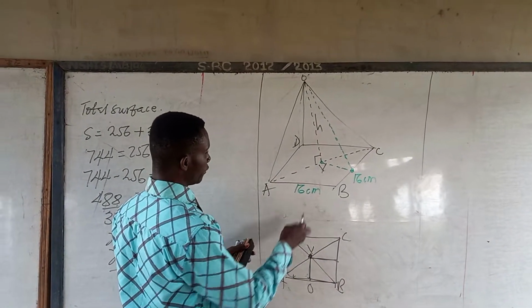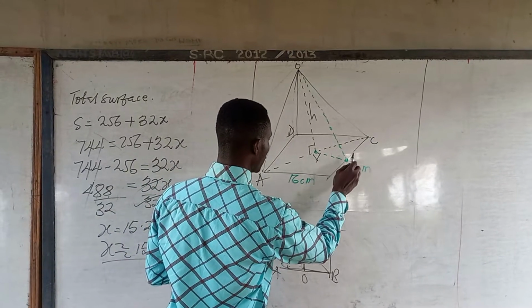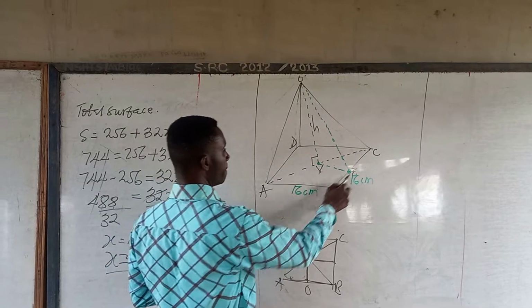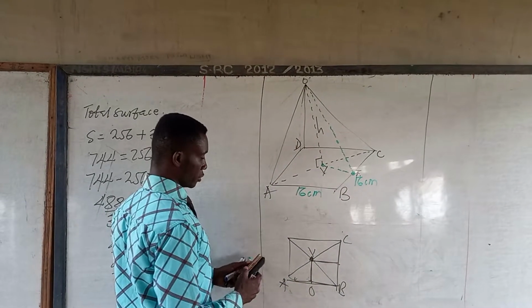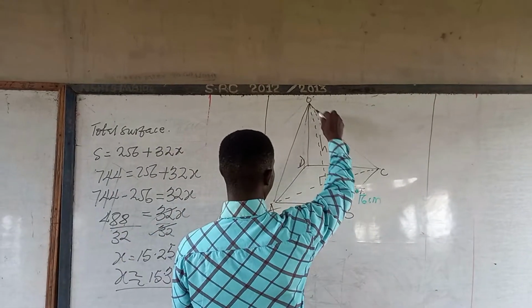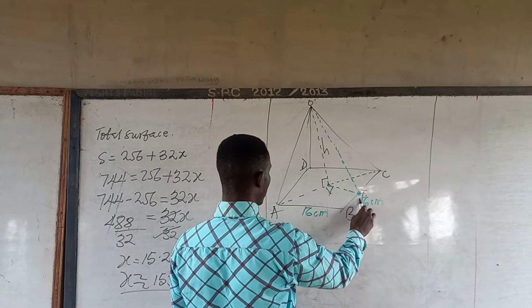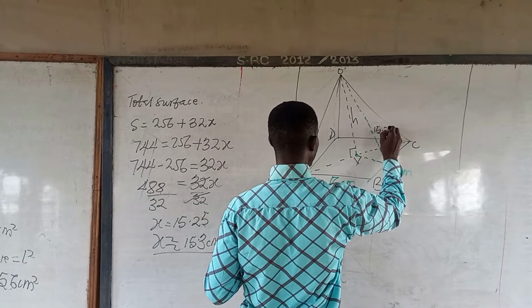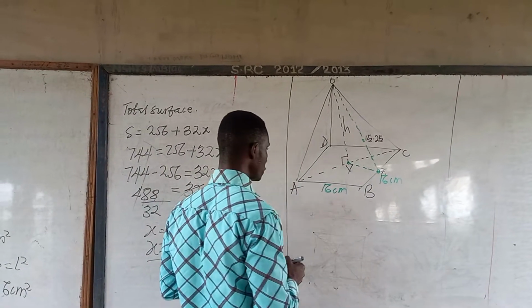So obviously, from V to this point, let me name here F. VF is half of what? BC or AC. And in fact, the height here, OF, has been calculated already as 15.25.